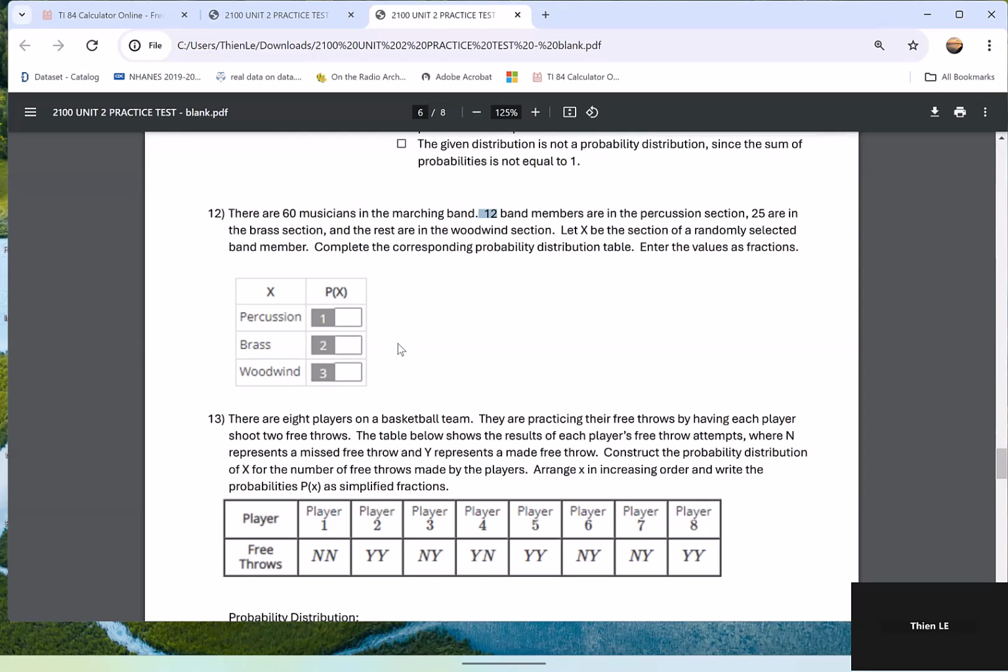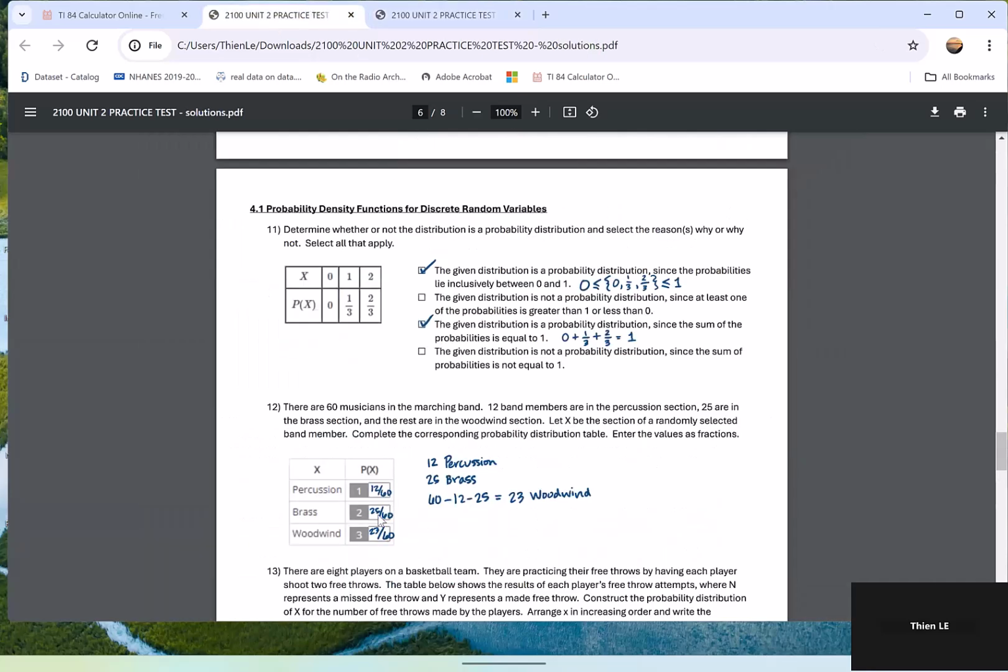So woodwind will be 23 divided by 60. P of X for percussion is 12 by 60, the second is 25 by 60, and the third for woodwind is 23 by 60. Let us look here. Okay, correct.